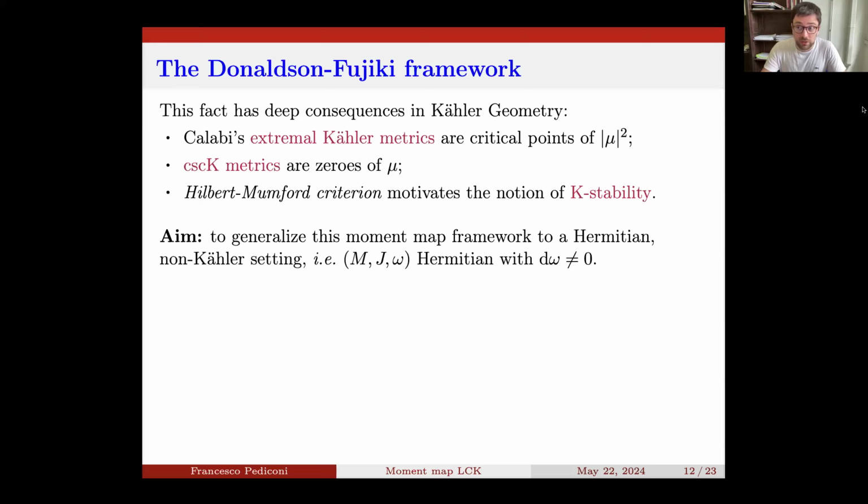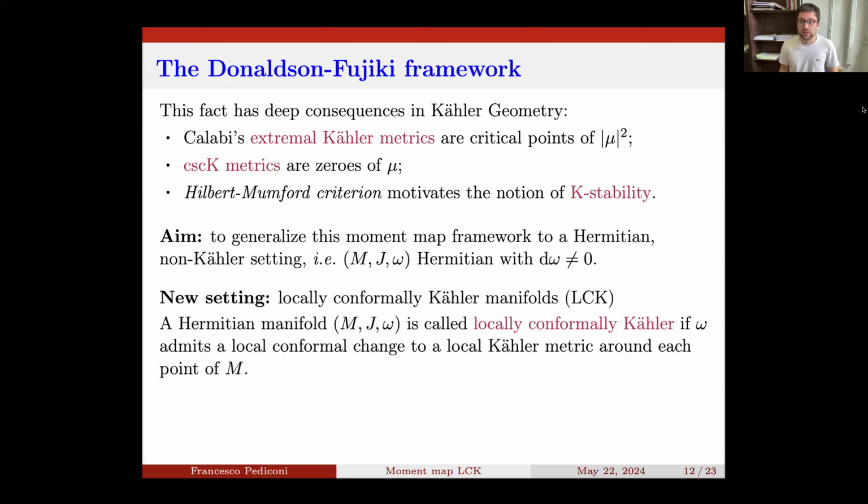So one can ask whether it is possible to generalize this setting to the Hermitian non-Kähler world, which means dealing with Hermitian manifolds and J, omega, where omega is not closed. Well, it seemed to us that trying to generalize this setting to the general Hermitian non-Kähler world is out of reach, or at least very, very hard.